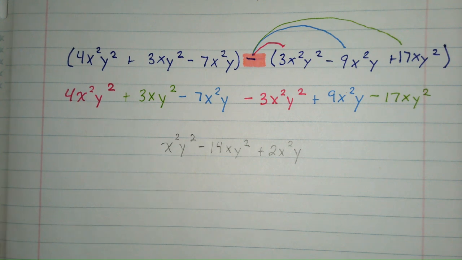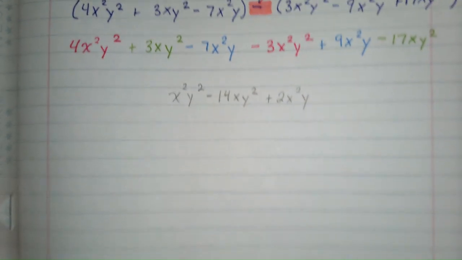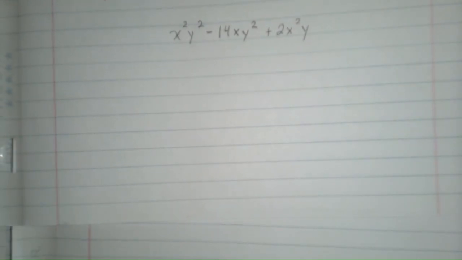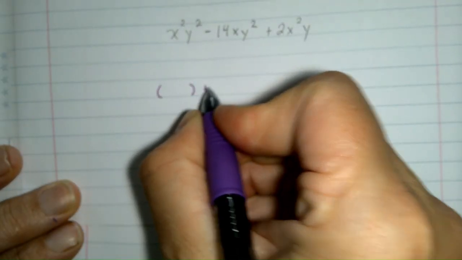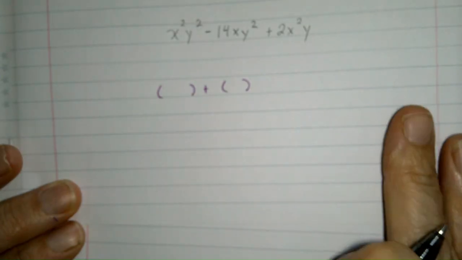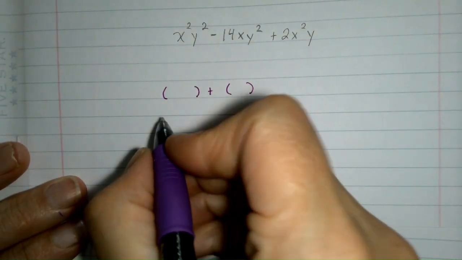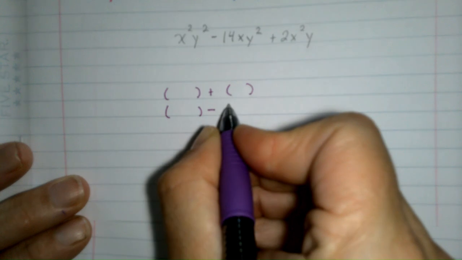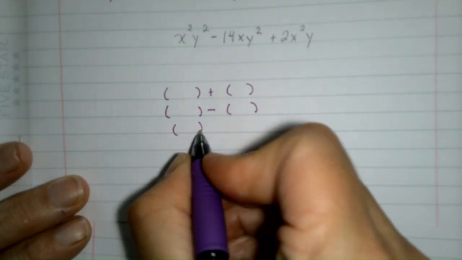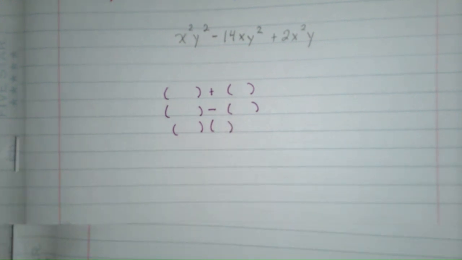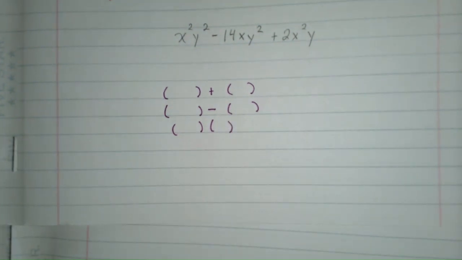The other part of this video is going to focus on multiplying. Now, adding had a plus sign in between the two parentheses. Subtracting had a minus sign. When we do multiplying, you generally won't see anything between the parentheses. Okay? So make sure you identify that.